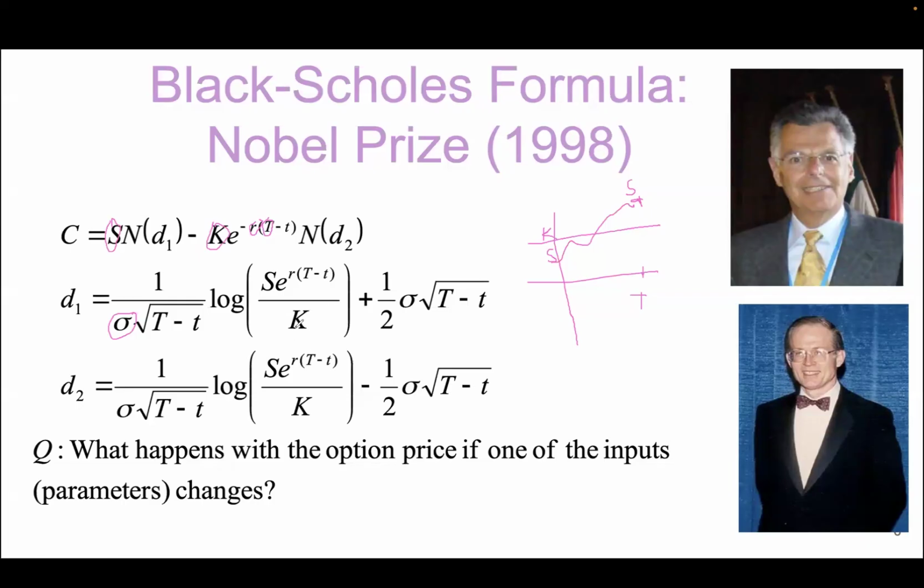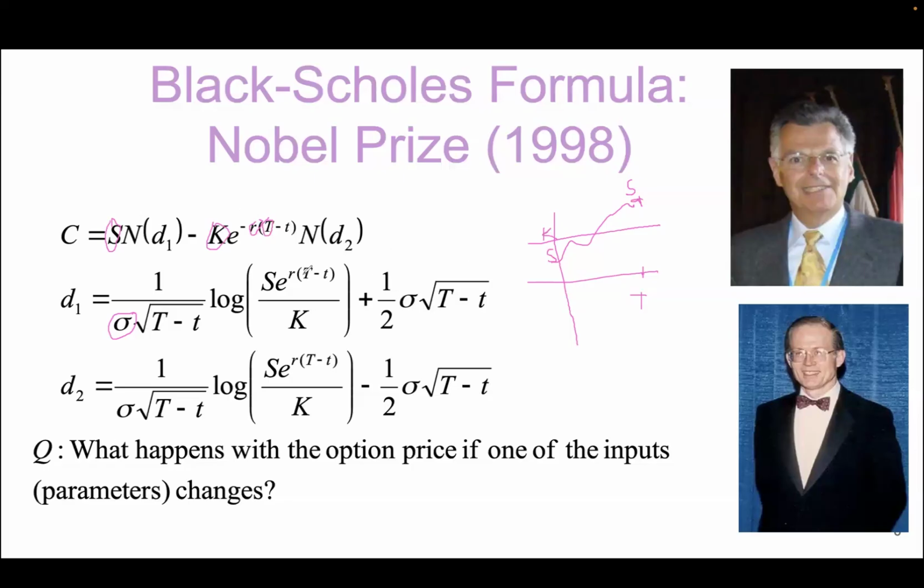If we know these 5 parameters, we can open Python and the library Mibian, and using it very quickly compute the C, the premium for a call option or for a put option. And everything is okay. But the question is, what happens if S changes?